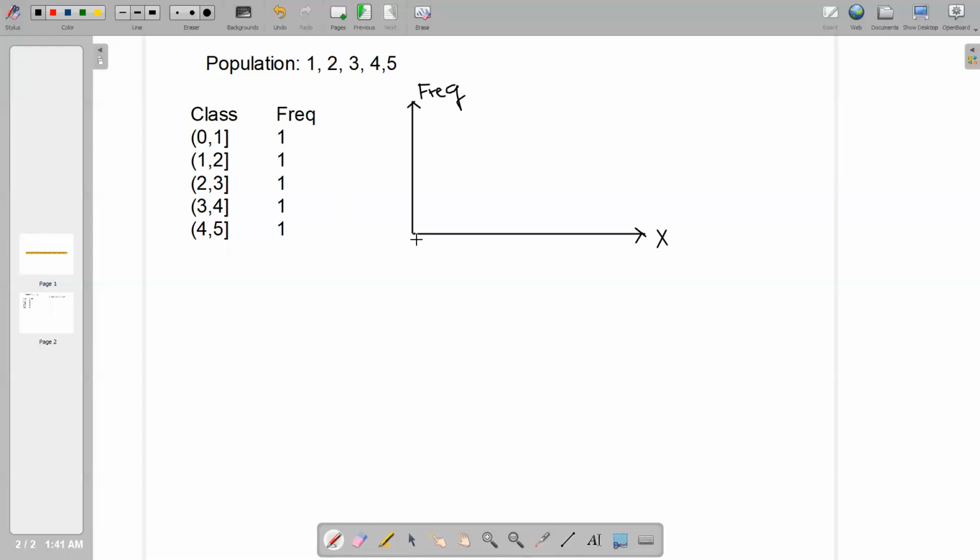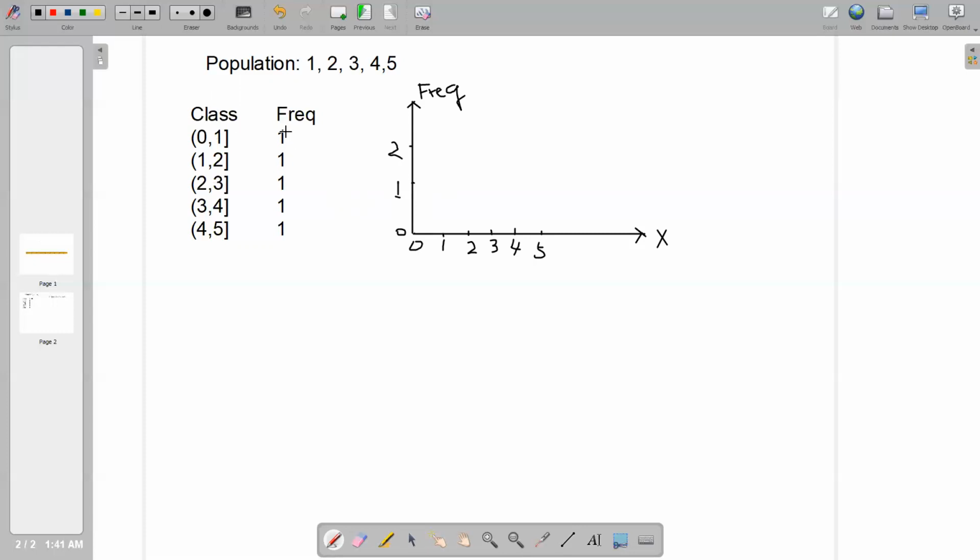We label the axes 0, 1, 2, 3, 4, and 5, and here 0, 1, and 2. Then we need to draw bars, one bar for each class.